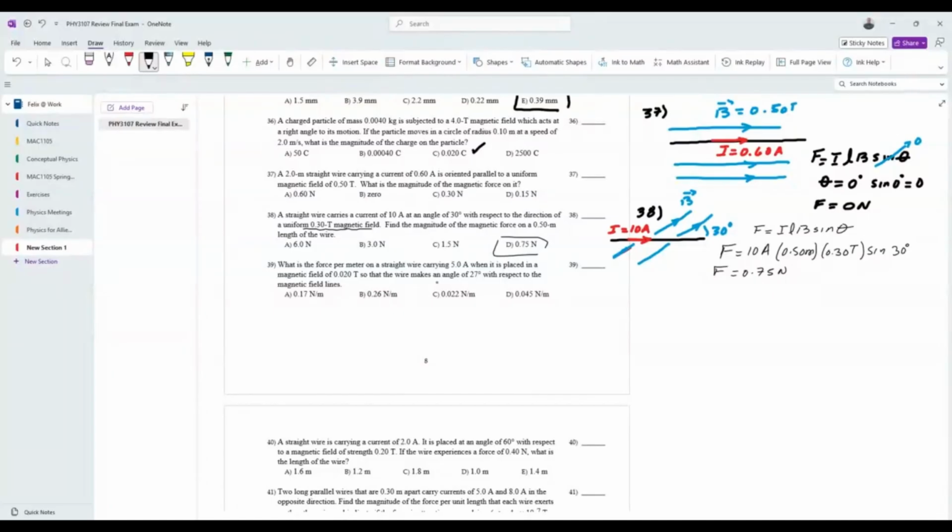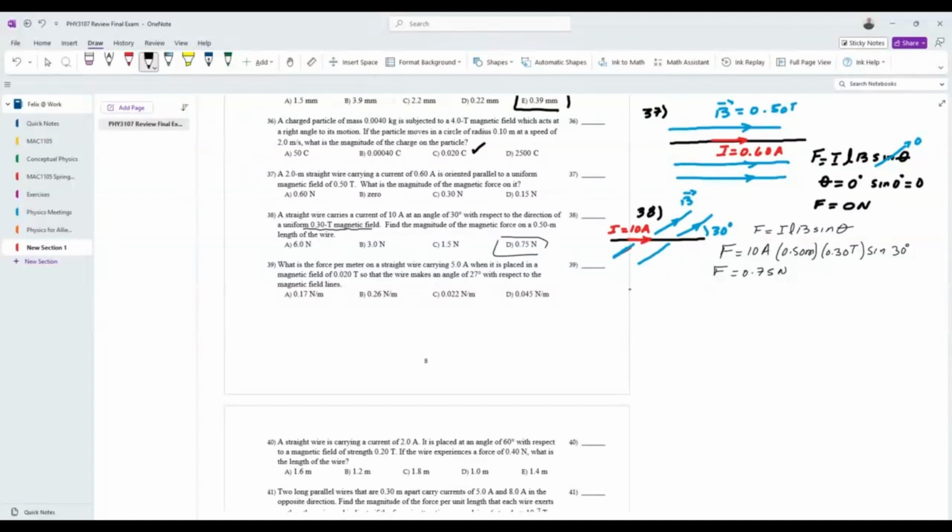Now, in this exercise number 38, they gave us the length of the wire, because it was a wire with length of 0.50 meters. Now, in the next exercise, number 39, they don't give us the length of the wire. So they say, what is the force per meter?